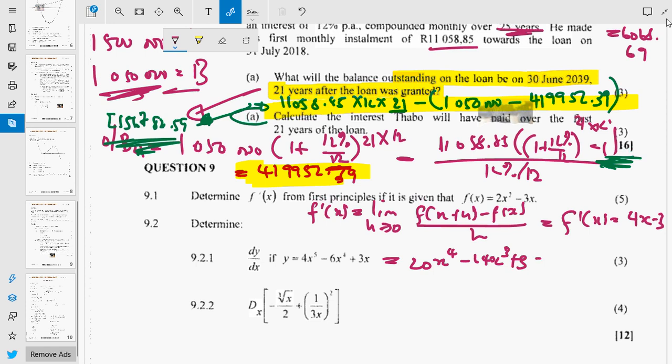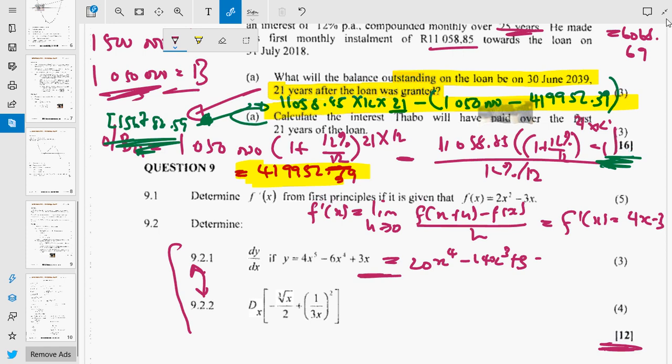Okay, now these two questions are very straightforward, but most people won't score full marks, I can assure you, because here the notation gets a little bit tricky. If you are sloppy with your notation, you're going to lose marks.